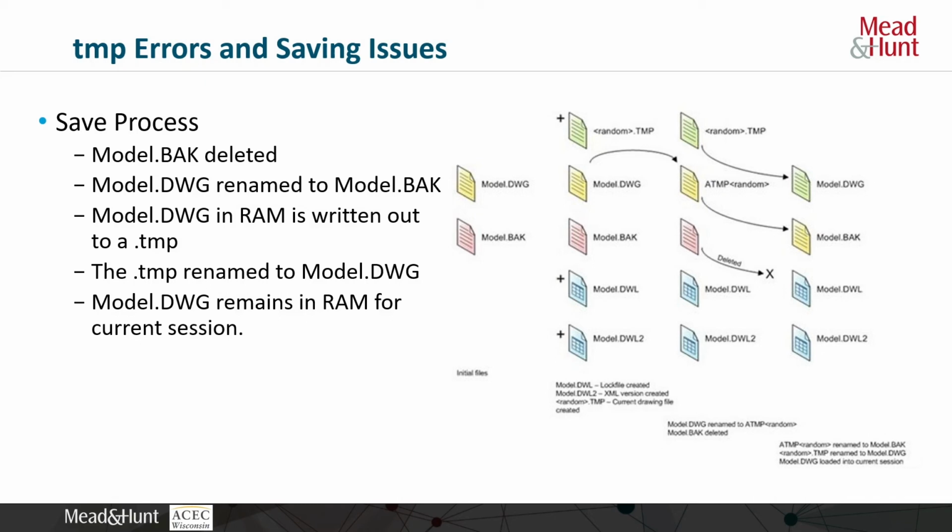Your current DWG file gets renamed to .bak. So that creates the new backup. And your drawing session that you are currently making edits in is in your RAM, and it gets saved out as a .tmp. That TMP is then renamed to your DWG file, and that becomes then your current save file.